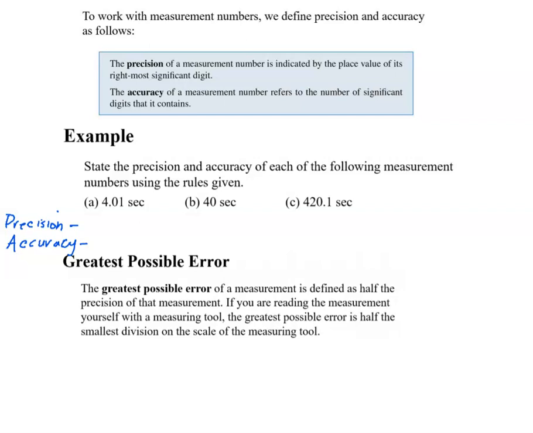So it is precise to the hundredths place. So we would put hundredths. It has, this 0 counts because it's in between two other non-zero numbers. So 1, 2, 3, it has 3 significant digits. Okay.